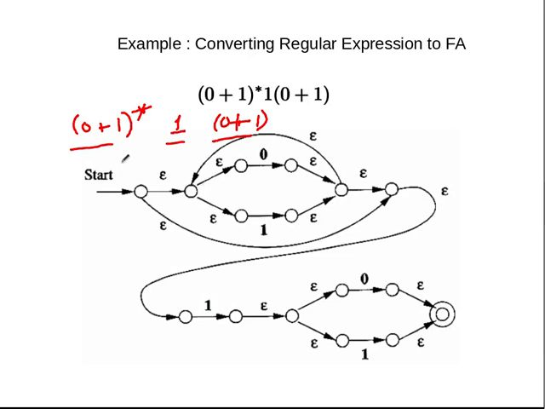So this entire thing is for this part, okay? Then we have just this one which is for this part, and then we have here to here which is for this part. And then again, how are we constructing this thing or this thing? So this is the union of 0 and 1, right?